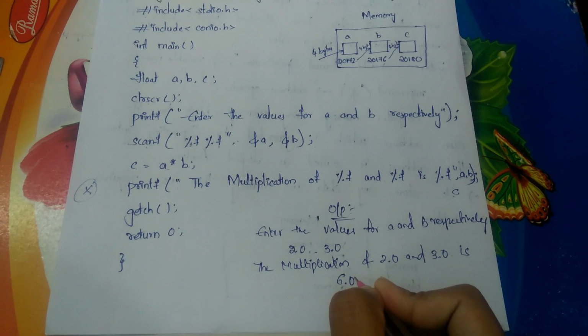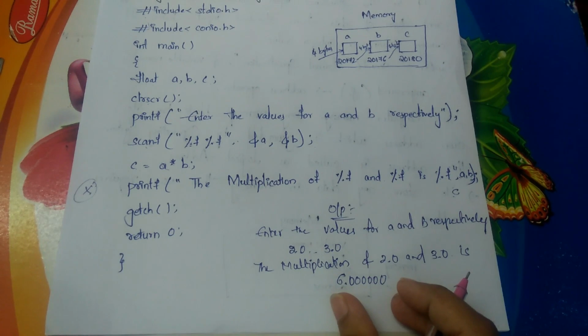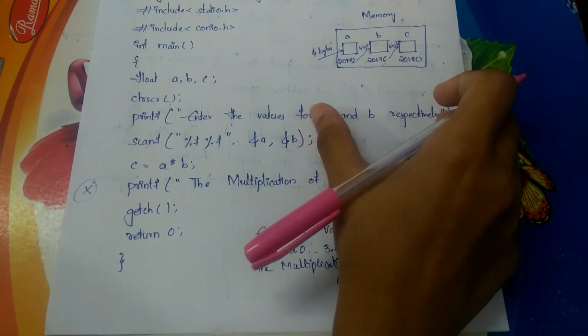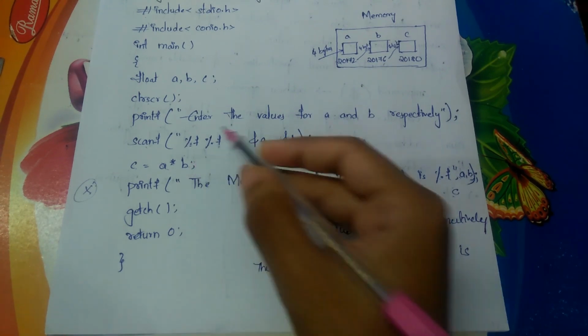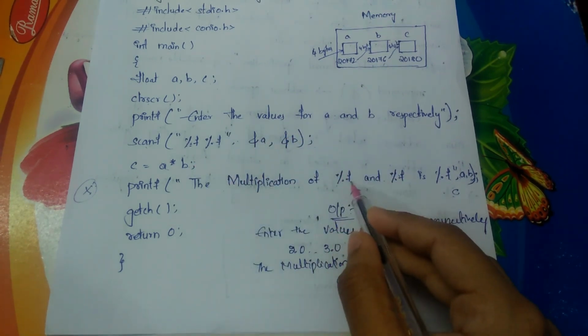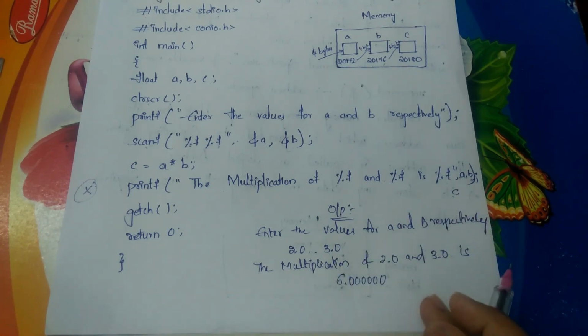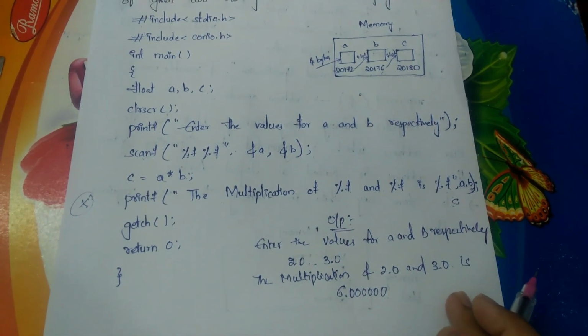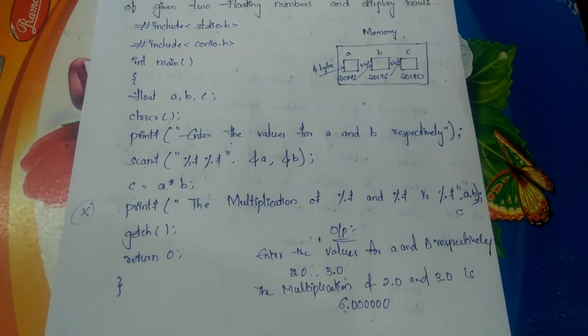But for a floating point number, it takes up to 6 decimal places, so we get 6.000000. This is the final output. So this statement will be printed, the values will be read, and this operation will be performed. So this is a program using scanf.